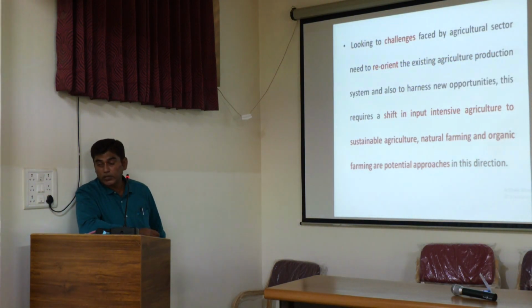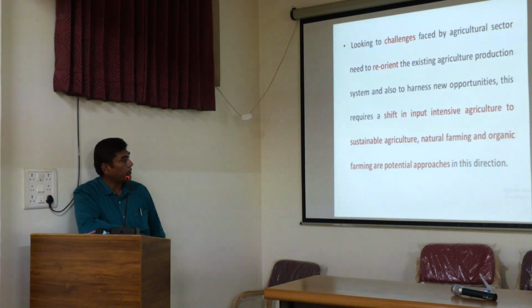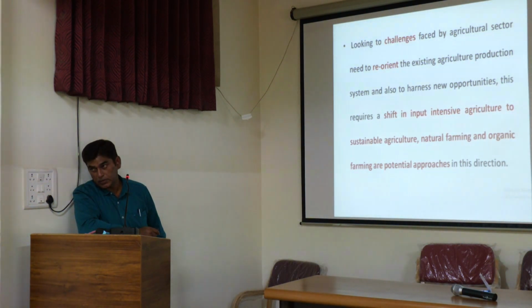Looking at all these challenges faced by our agriculture sector, we have to reorient our agriculture production system. We have to shift from input-intensive agriculture to sustainable agriculture. Natural farming and organic farming are potential approaches.